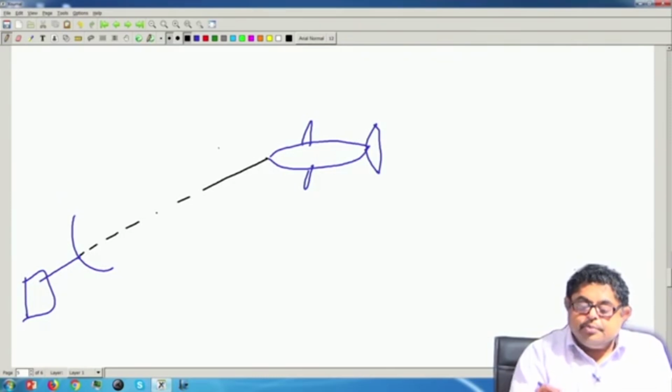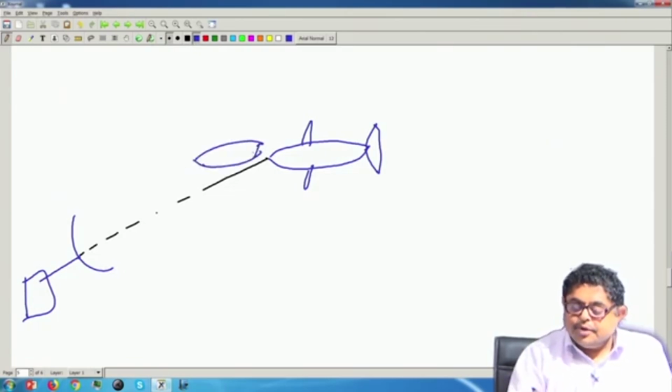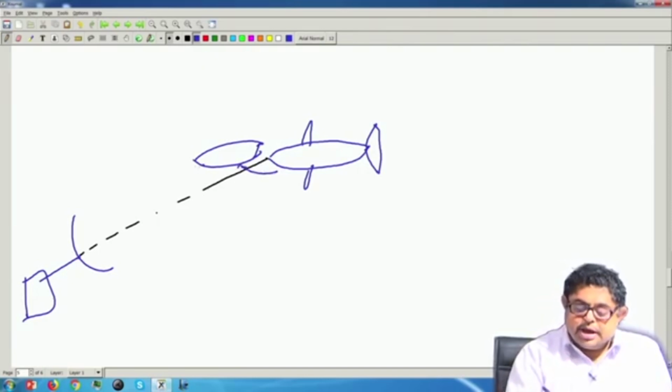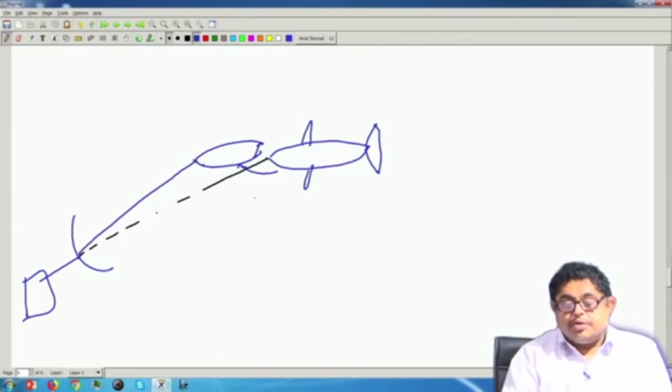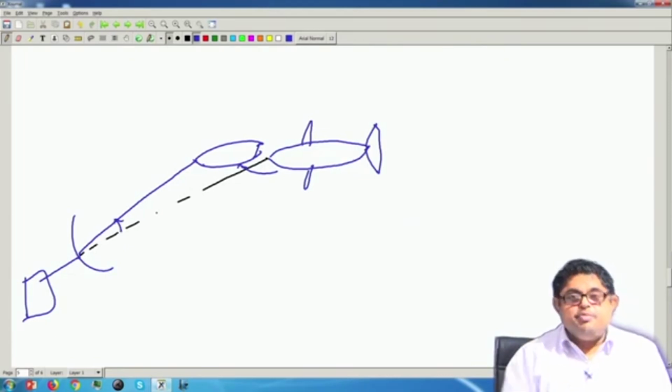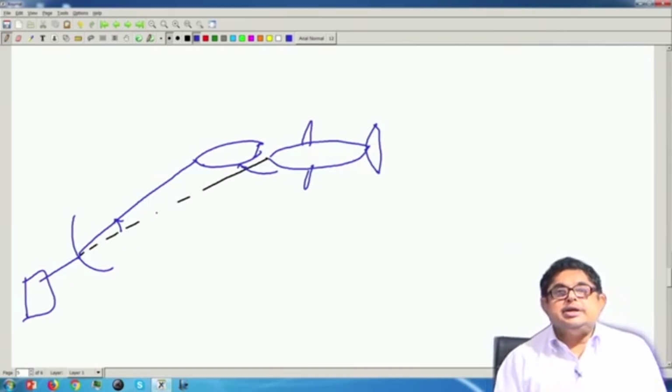So, after some time the target has come, let us say, here. From here it has come to here. This time you see that the same nose is at a different angle. Now the radar should have the capability to sense that it needs to change this orientation.